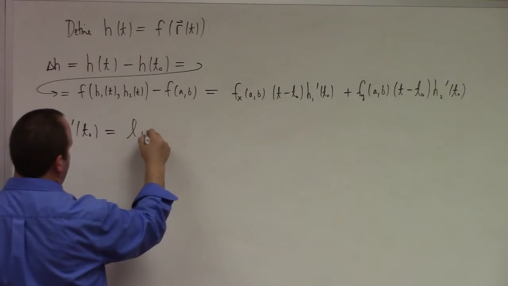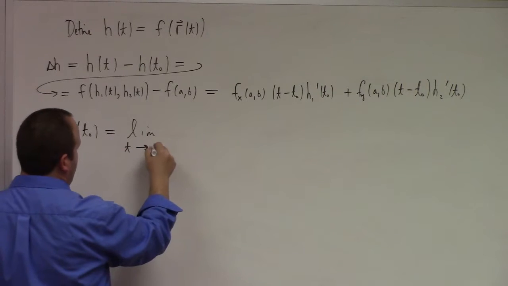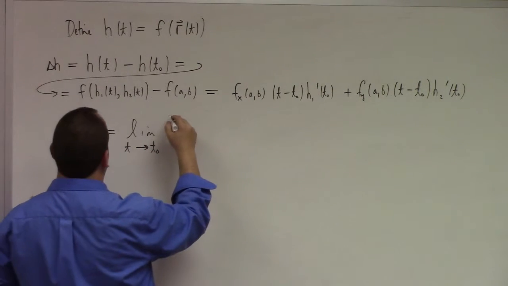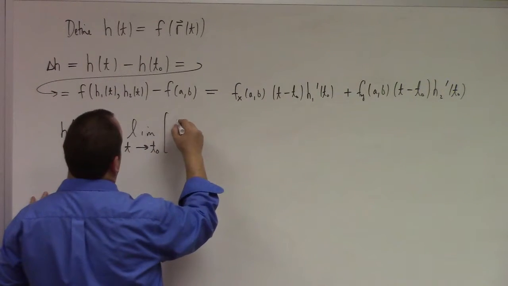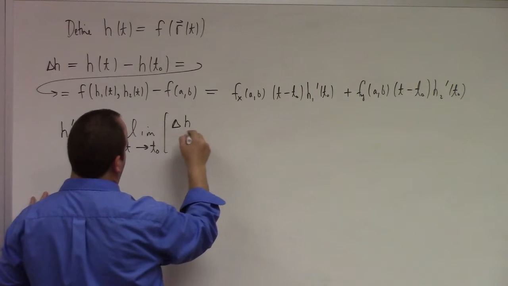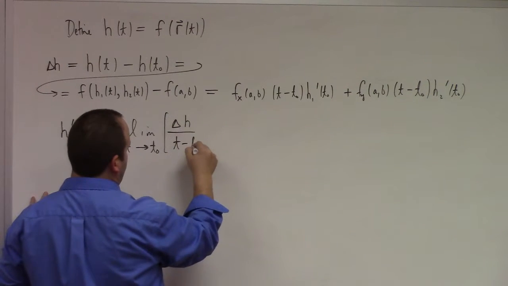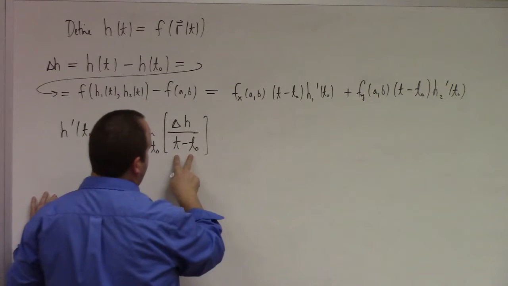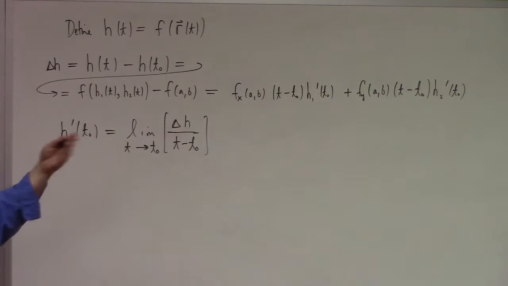It's equal to the limit as t goes to t naught of the change in h divided by t minus t naught. I'm forgetting, I have to divide. It's a difference quotient. I should be happy those are there. If those were not there, we would be in big trouble.